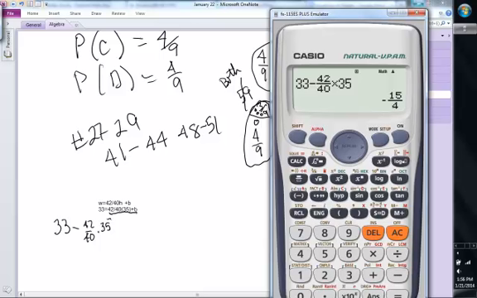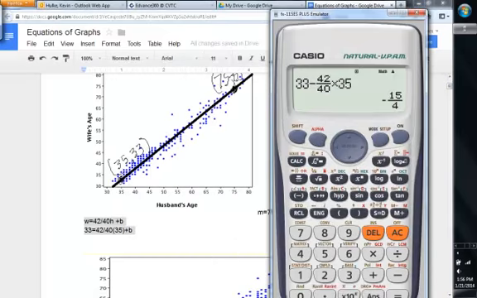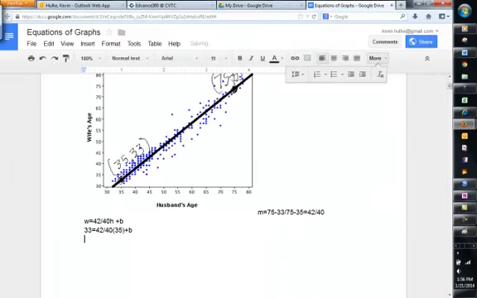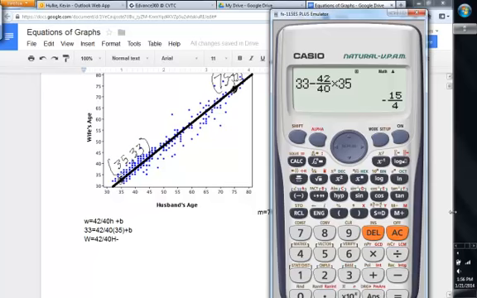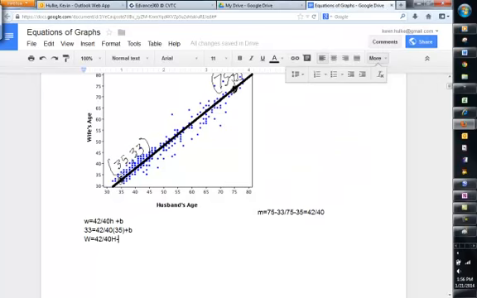So now I can put that back on my assignment, and I will have W equals 42 over 40 H minus 15/4.